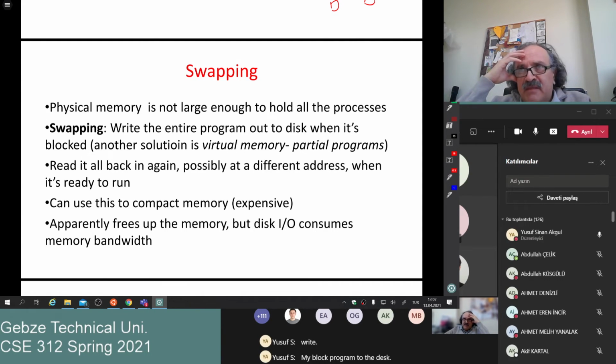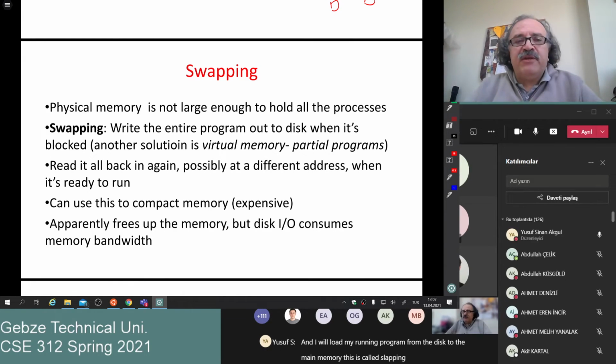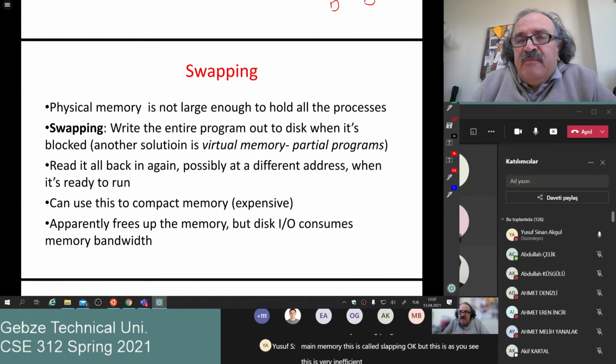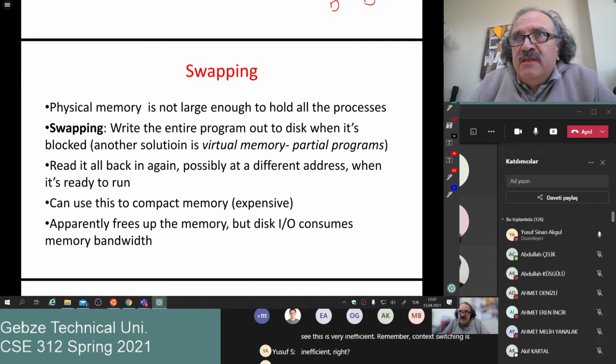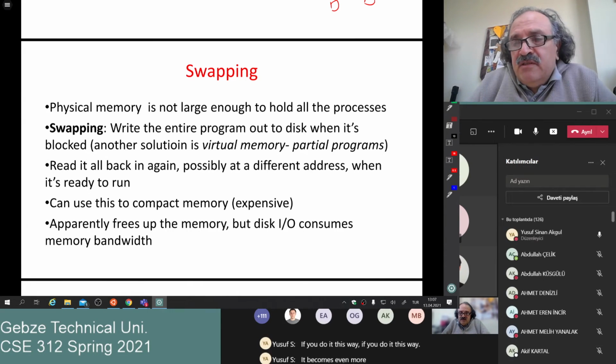I would swap it to the disk, and I would load my running program from the disk to the main memory. This is called swapping. But as you see, this is very inefficient. Remember, context switching is inefficient, right? If we do it this way, it becomes even more inefficient.